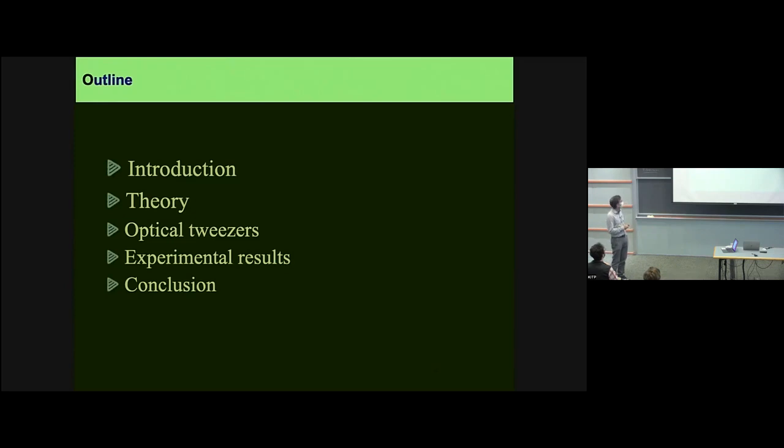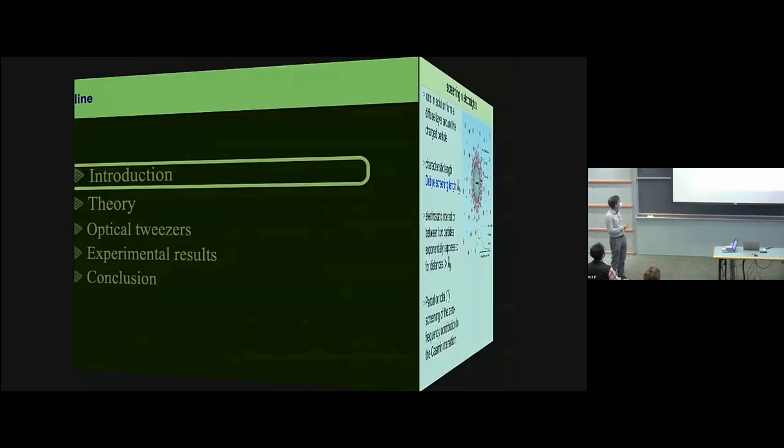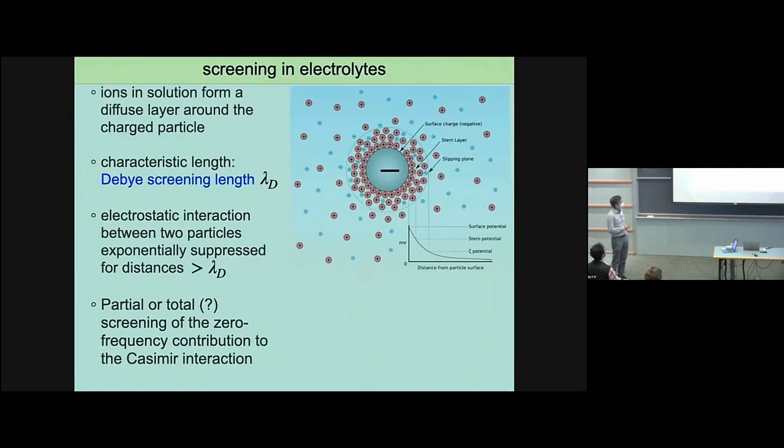So for this very brief introduction, if I have a polar liquid, I have ions in solution. The ions can move around, and if I have a particle which is charged in this environment, these ions are going to move in such a way as to form a diffuse layer around this charged particle.